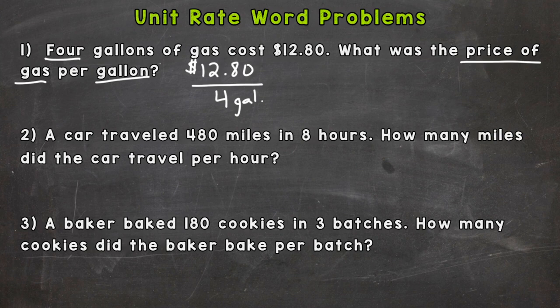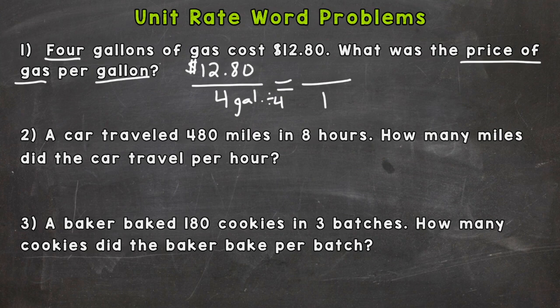Now we need to get that to a unit rate. So we need a denominator of 1. So in order to get a denominator of 1, we need to divide that 4 by 4. So 4 divided by 4 is going to give us that 1 gallon, or a denominator of 1. Now when it comes to fractions, remember, whatever you do to the bottom, you need to do to the top.